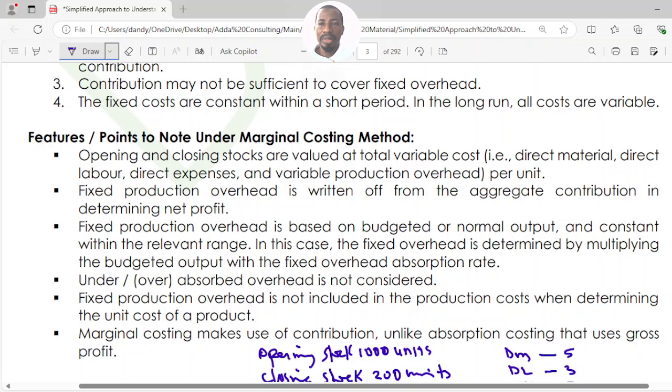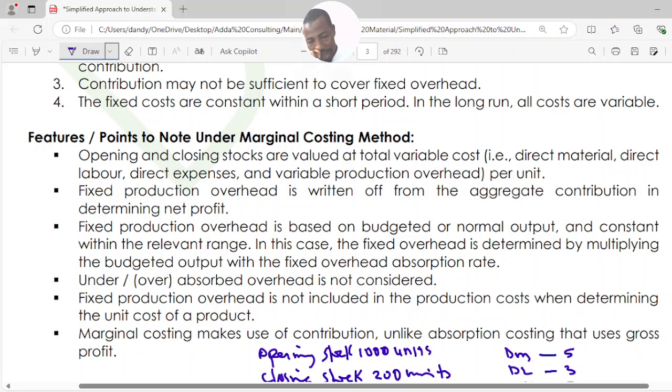What this simply means is that whenever you want to determine net profit or loss, you are expected to deduct the fixed production overhead as part of your period cost, because your period cost is more than fixed production overhead. But what this point is trying to communicate is that you don't charge fixed production overhead to the unit cost of a product. Rather, it should be written off fully from the aggregate contribution in arriving at the net profit.